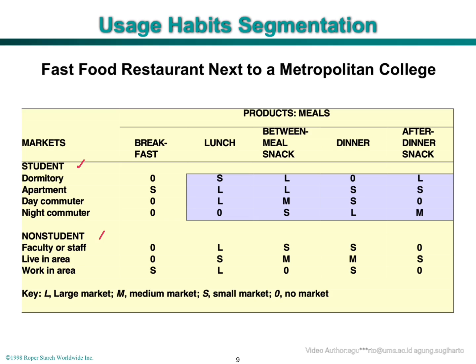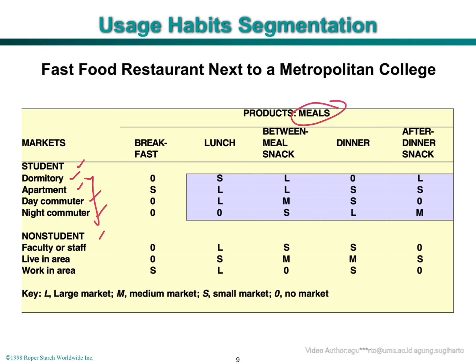The student has 4 classifications here: the dormitory student, the apartment student, the student that takes commuter, and the night commuter. And they identified the product meals.